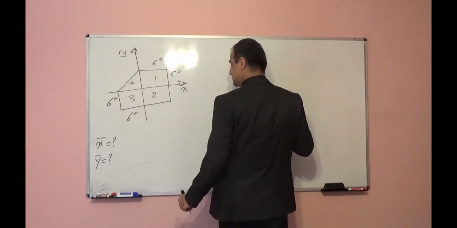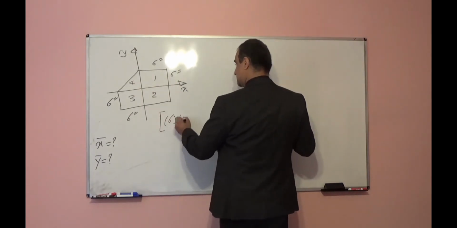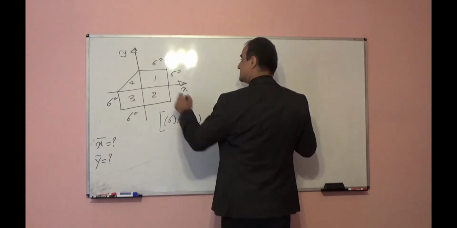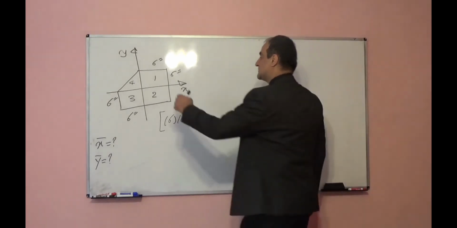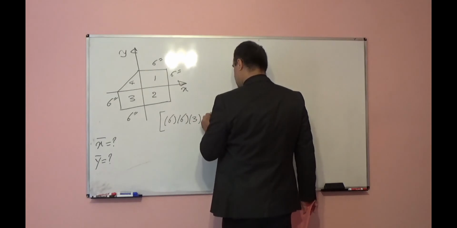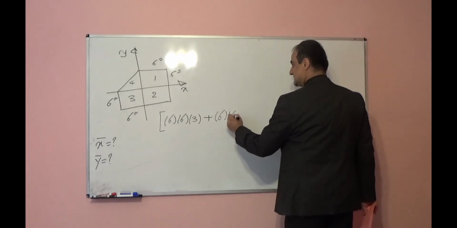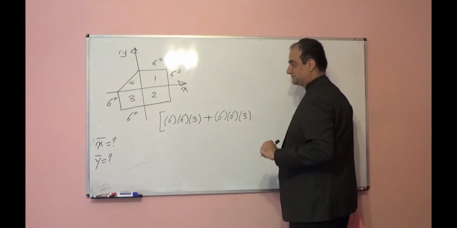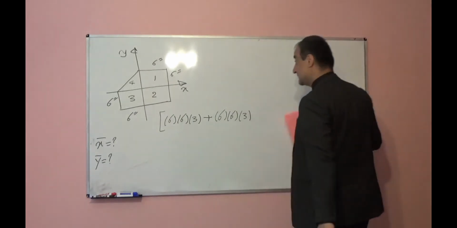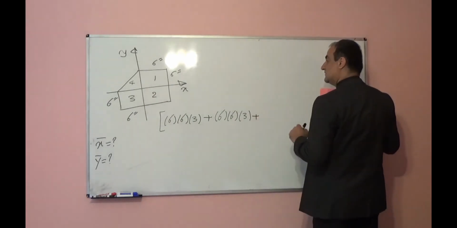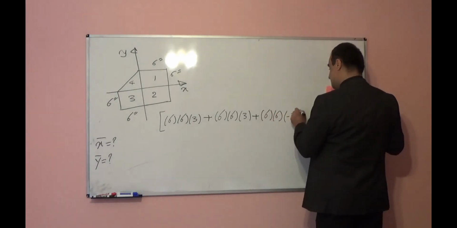So moment of area with respect to y for square 1 will be 6 times 6 times 3. 6 times 6 is the area for that square 1, times 3, the centroid distance to y, plus for square number 2, again 6 times 6 times 3. 6 times 6 area, centroid distance to y is 3, plus for square number 3, it will be 6 times 6 times negative 3.